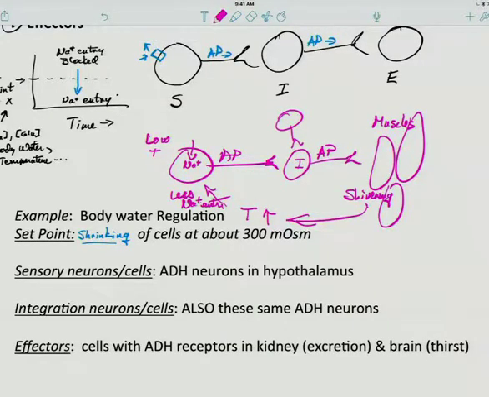They release ADH, and the effectors are cells with ADH receptors in the kidney that adjust excretion, and in the brain, cells with ADH receptors that adjust thirst. Okay? So if you don't have enough water, ADH will cause you to retain water, and it will cause you to be more thirsty. Okay, those are the effectors. Does that make sense?